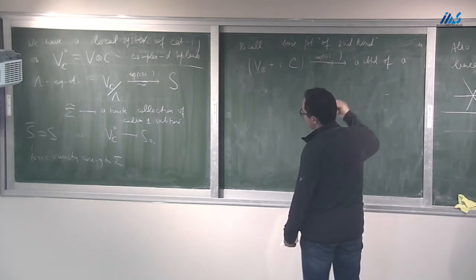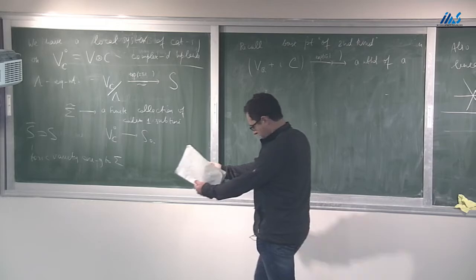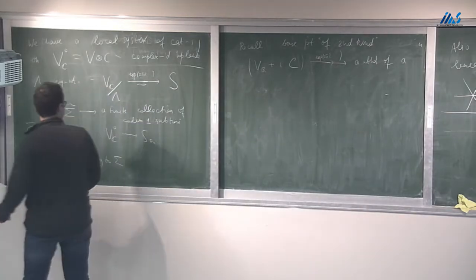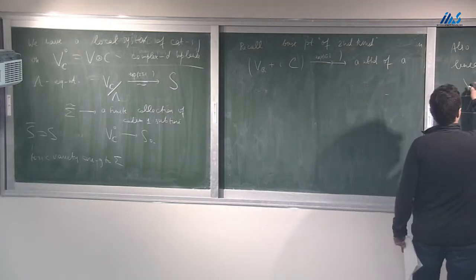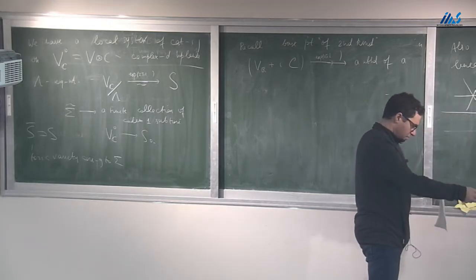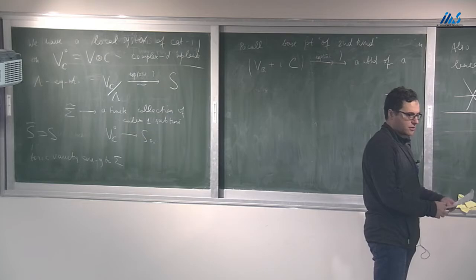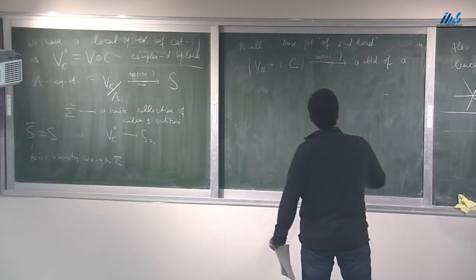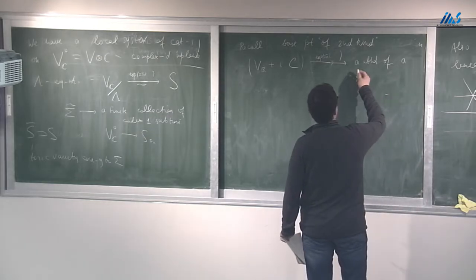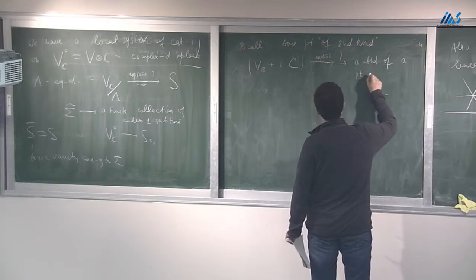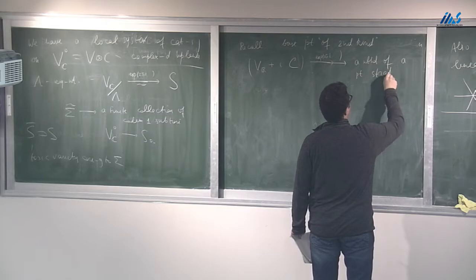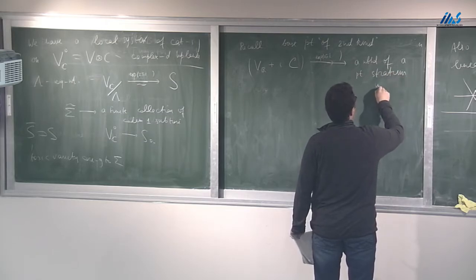I mean, by the elementary toric variety theory, these cones correspond to points, zero-dimensional orbits in the compactification, a neighborhood of a point stratum in S bar.